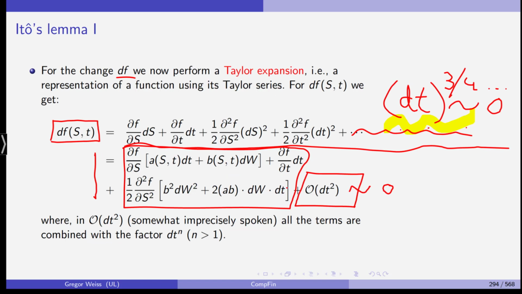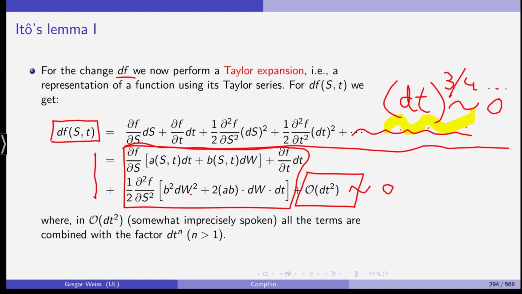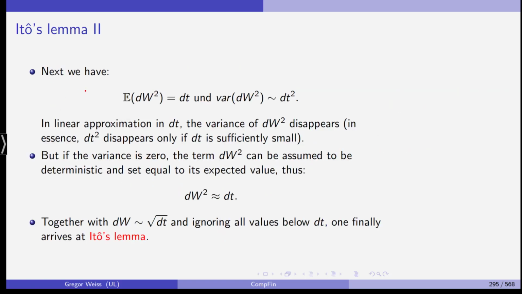So at some point we have the Wiener process squared. So the expectation of the squared change in the Wiener process is dt, and the variance is proportional to dt squared. So in linear approximation, in the change of time, the variance of the squared Wiener process disappears.